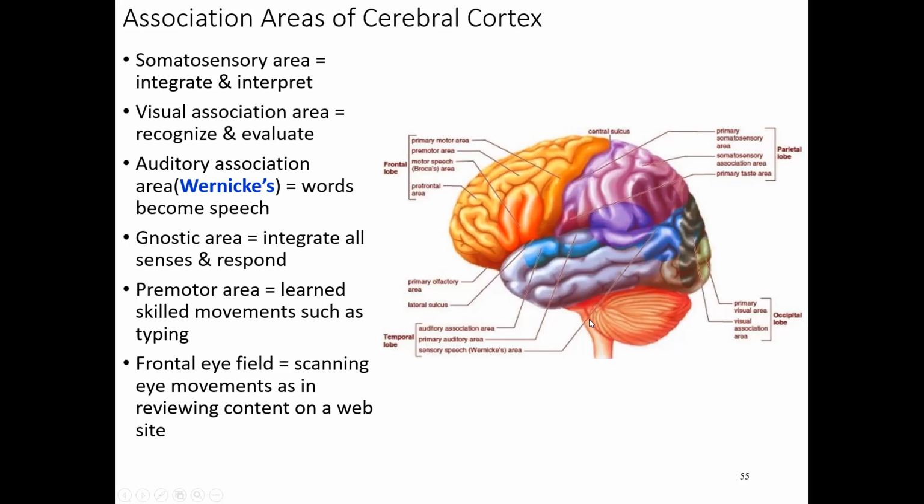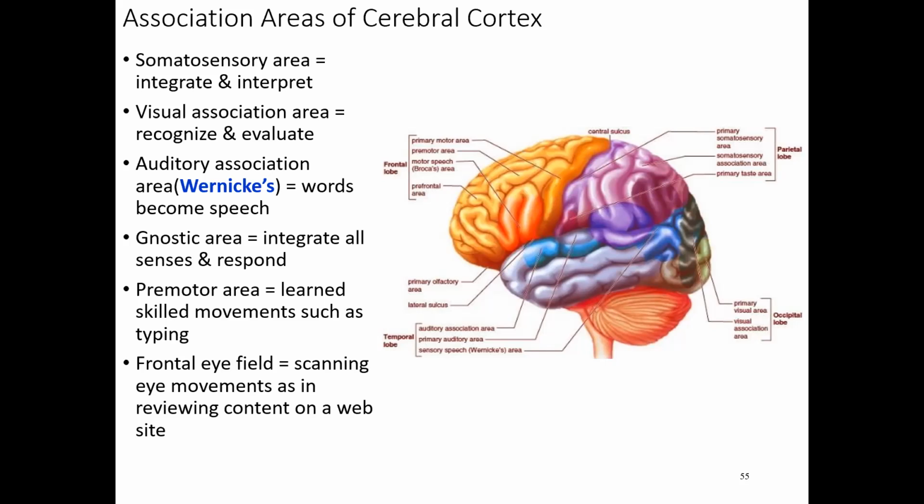And Wernicke's is back here. In Wernicke's, it allows us to understand what the word means and respond with the correct word, or speak clearly, or read clearly, to understand the written word, to be able to read something and or to write something out.